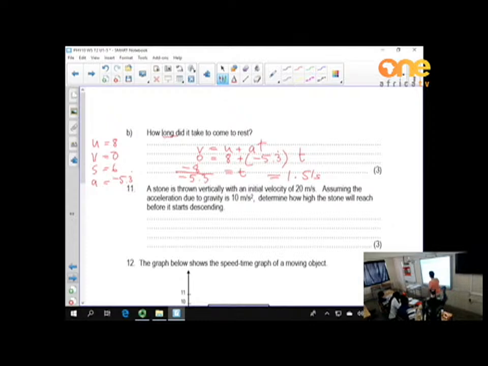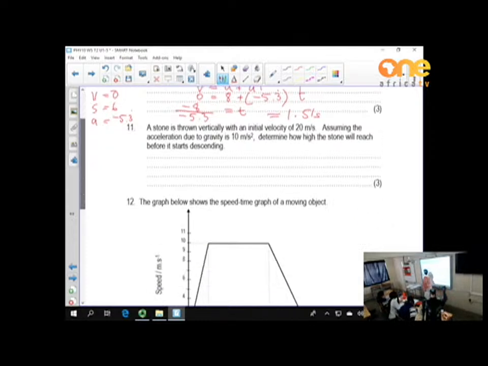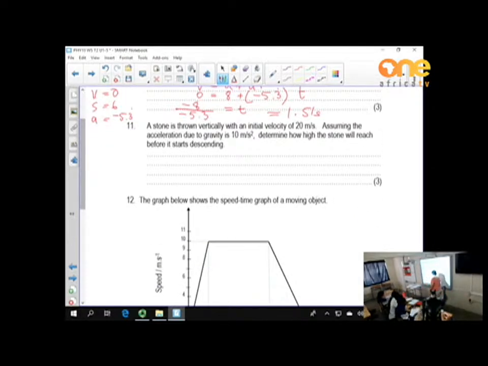All right, number 11. A stone is thrown vertically upwards with an initial velocity of 20 meters per second. Assuming the acceleration due to gravity is 10, so gravitational acceleration is 10, determine how high.